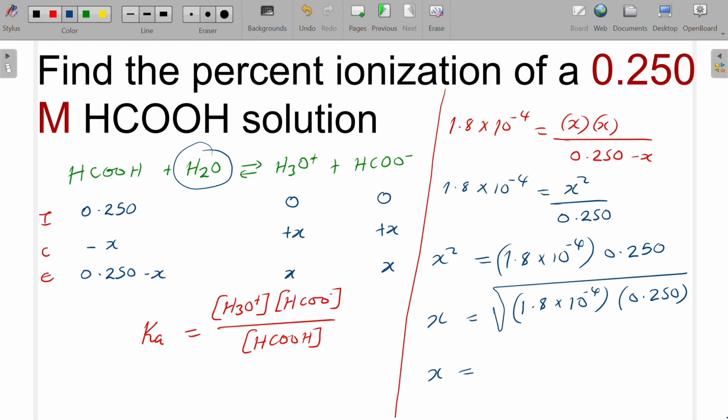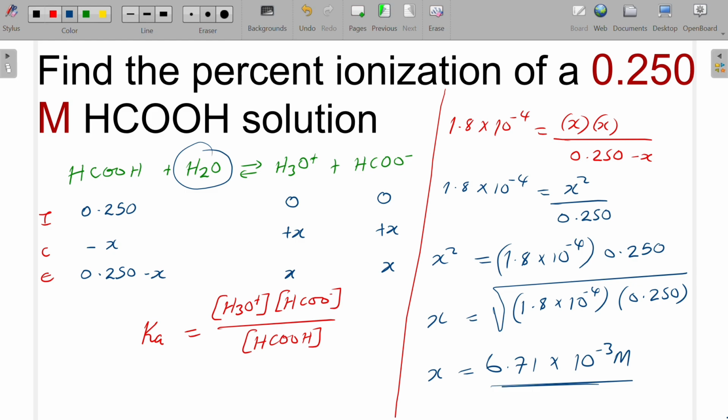According to what I'm finding here, I have 6.71 times 10 to the power of minus 3 molar concentration.